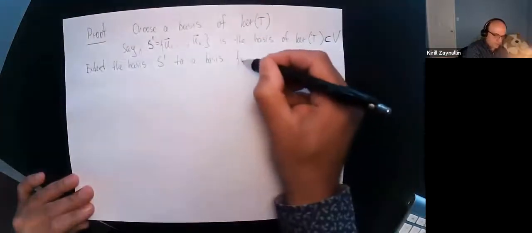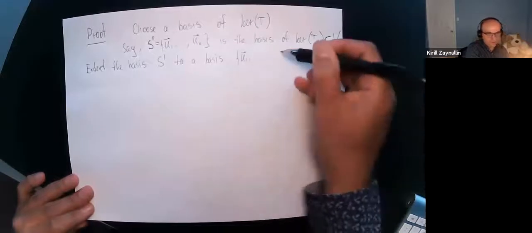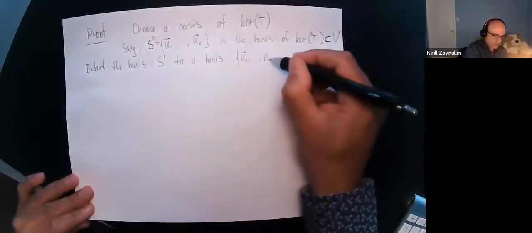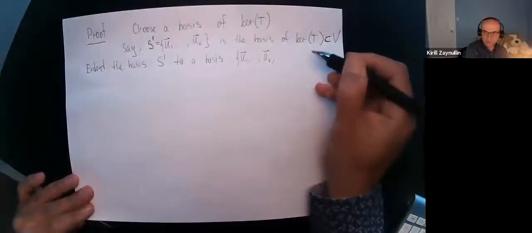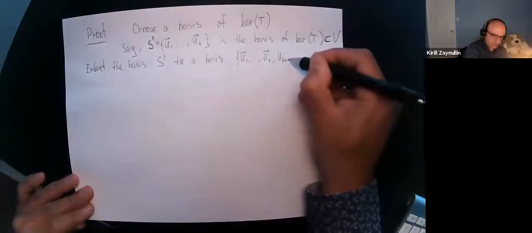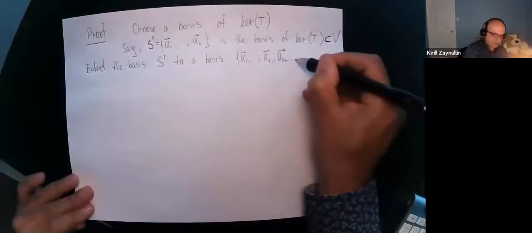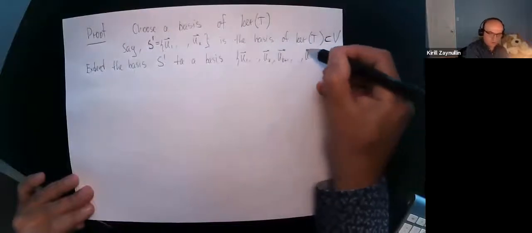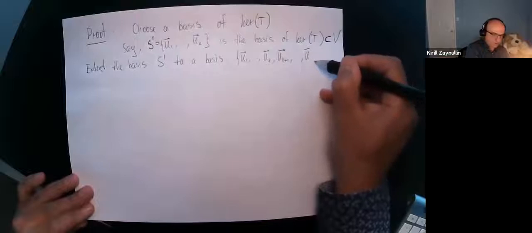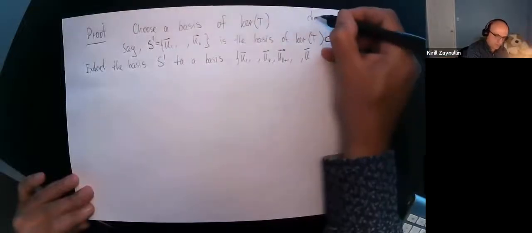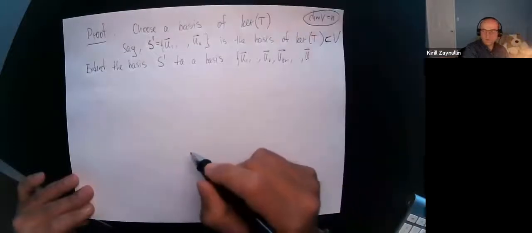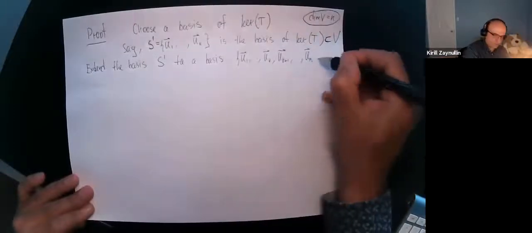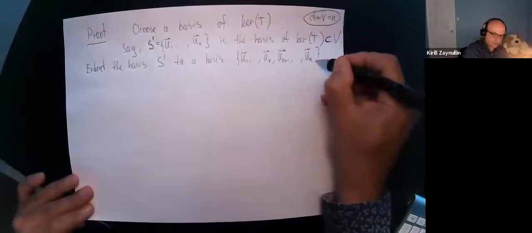We start, of course, with U1 to UK, and then we add extra vectors, continuing with UK plus 1 and so on. We need some notation for the dimension. Suppose that the dimension of V is n, and then the last vector has the index n, so there are precisely n vectors.